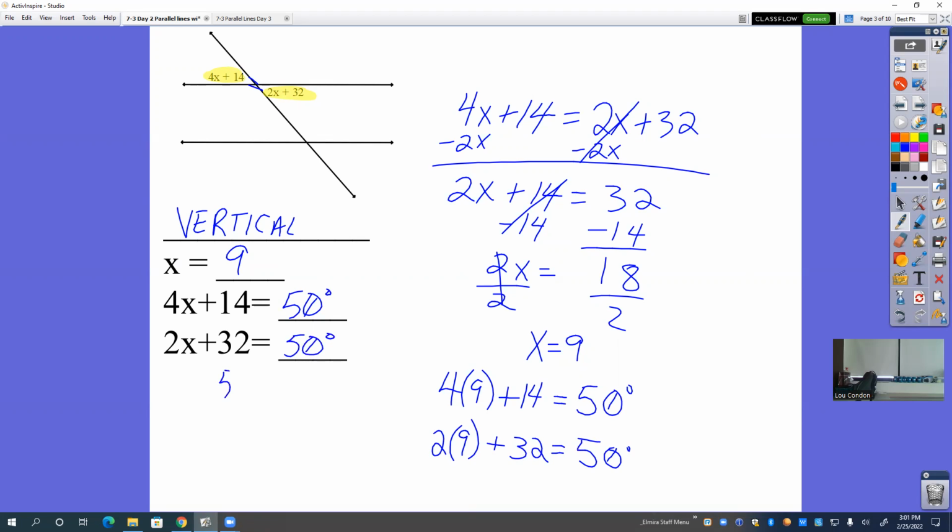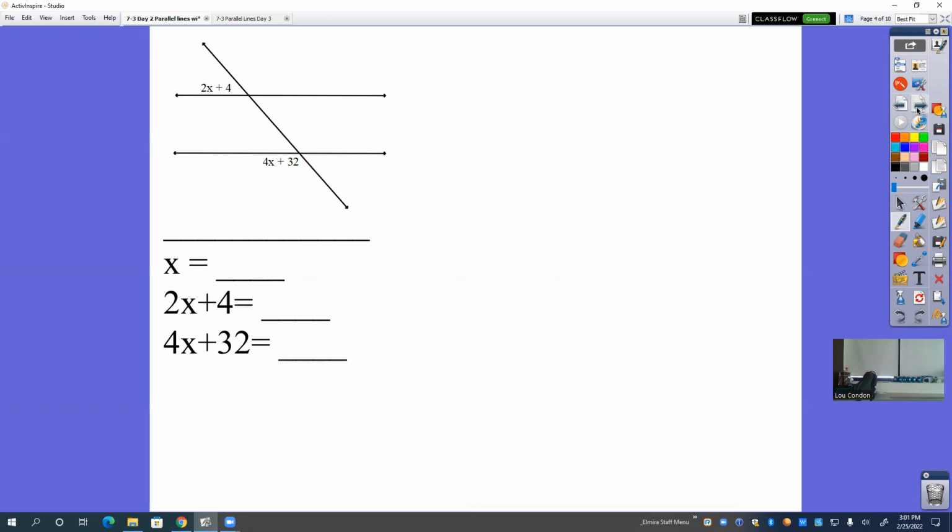And 50 does equal 50. So our work is correct. Again, vertical angles that are directly across from each other are always equal. Good.